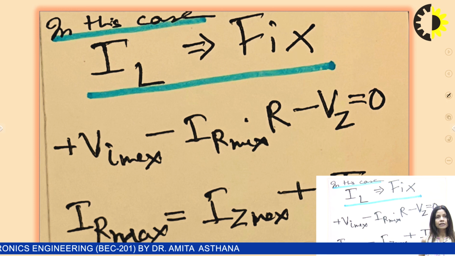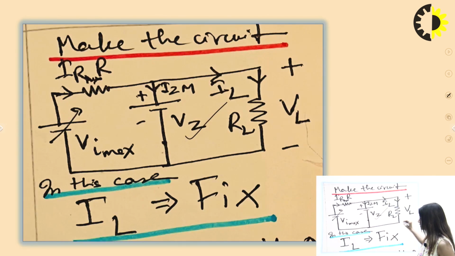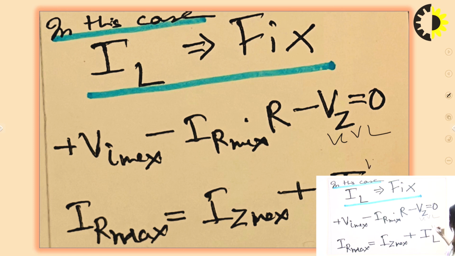So in short, for case 3, you will apply this formula, Vi minimum into RL upon R plus RL, make the circuit, be sure that IL is fixed, and when IL is fixed, apply Kirchhoff voltage law and Kirchhoff current law, and you can find out all the values which have been asked in the numerical. Thank you.